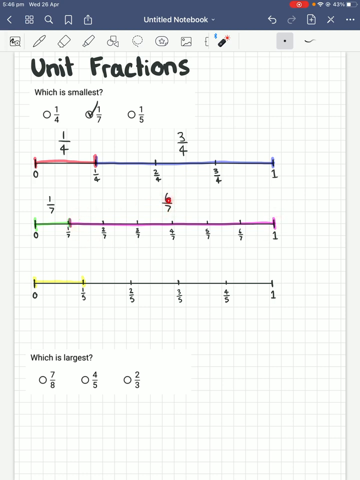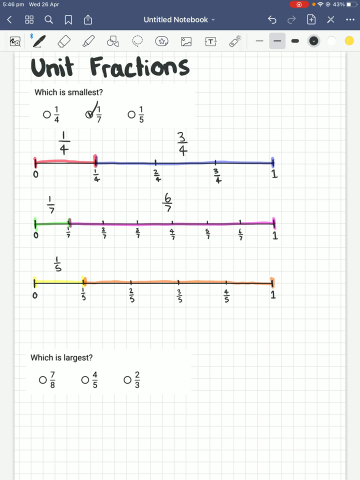So 6/7 is much larger than 3/4, right? Because you only subtracted a really small unit fraction. So you've still got a lot left. And it's the same with this last one. You subtracted 1/5, so your remaining section has to be 4/5.